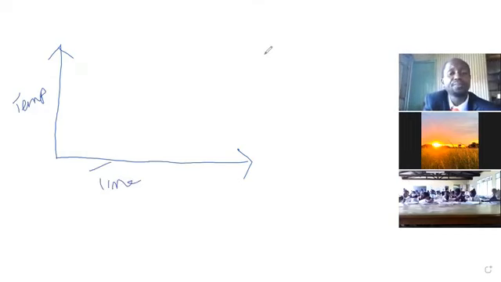First marking point, labeling of axis. Whenever you are told to plot a graph, first thing, draw the axis and label them. Of course, you make them axis by having the arrows at their tips. Draw the axis and label them. You have half a mark.